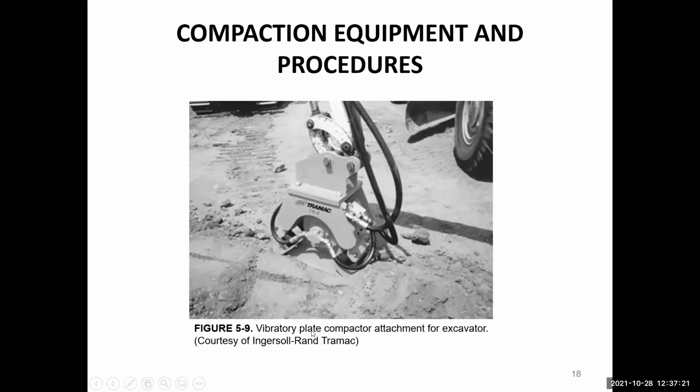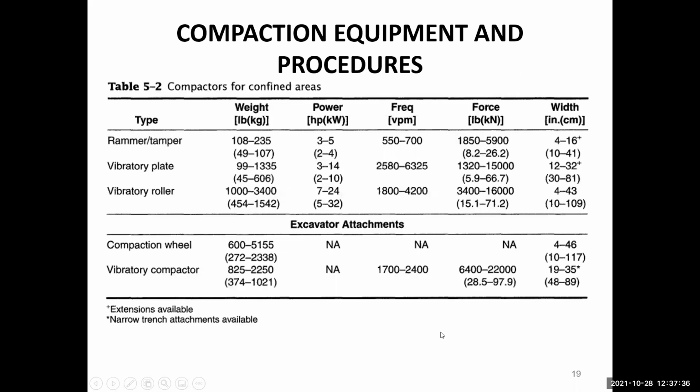Another is the vibratory plate compactor attachment for the excavator. So in addition to the vibrating wheel, a hydraulic plate can also be attached to the hydraulic excavator for the compaction.